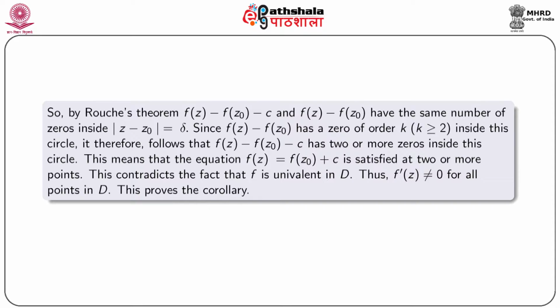Since f(z) minus f(z0) has a zero of order k, with k greater or equal to 2, inside this circle, it therefore follows that f(z) minus f(z0) minus c has 2 or more zeros inside this circle. This means that the equation f(z) equal to f(z0) plus c is satisfied at 2 or more points. This contradicts the fact that f is univalent in D. Therefore, f dash z is not equal to 0 for all points in D. This proves the corollary.